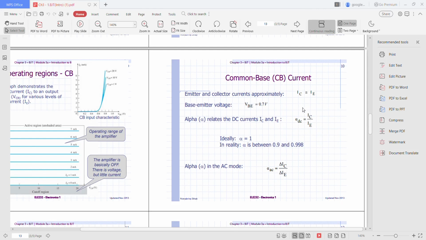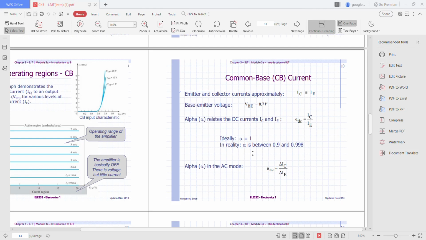In the DC mode, the levels of IC and IE due to the majority carriers are related by a quantity called alpha. So this is alpha DC, defined by the following equation: alpha DC equals IC over IE. Ideally, alpha equals 1 because IC is approximately IE.